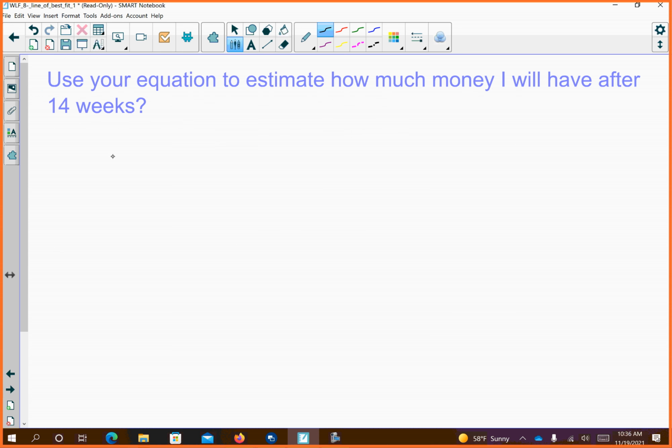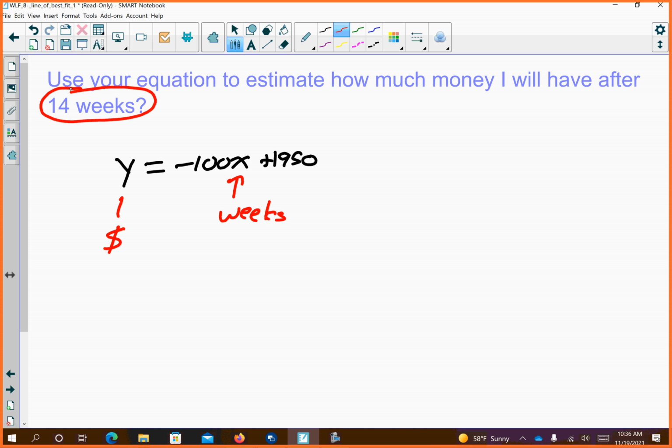Use our equation to say how much we'll have after 14 weeks. Again, you might have it a little bit different. So what should I do with this 14, my friends? Should I plug it in for x or y? X, yeah, it's 14 weeks. I'm plugging it in for weeks. This is extrapolation as well, because our data set does not go beyond 12 weeks, so we're able to make some predictions.